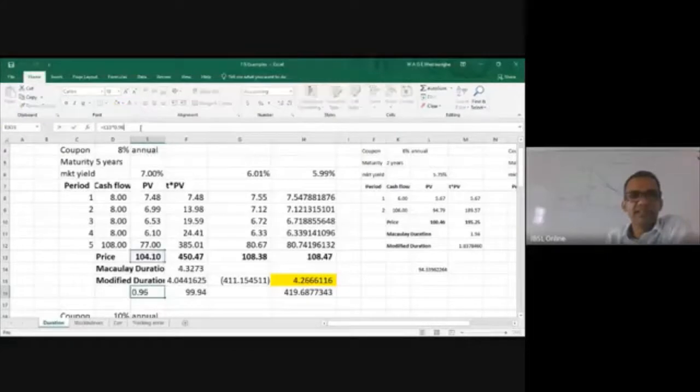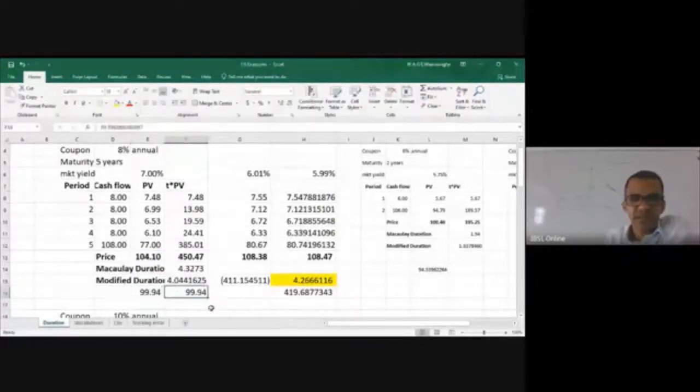That is the current price multiplied by 0.96, that means 4% less, 99.94. But this is an approximation. That means we expect that if the interest rate goes up by 1%, the price will drop to 99.94.